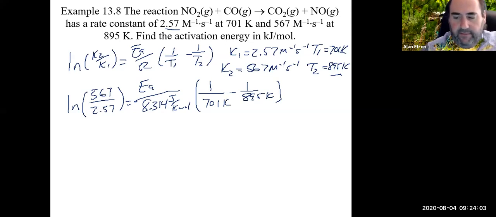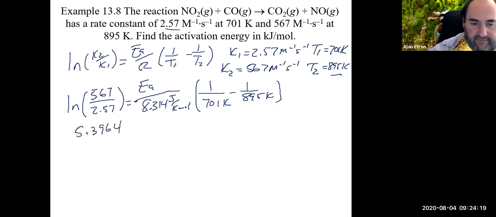So if we do a little bit of cleaning up, we'll start on the left-hand side, 567. You want to actually divide it first and then take the natural log of it. And that gives us something like 5.3964 equals our E of A over 8.314.